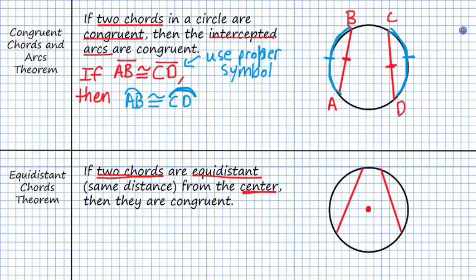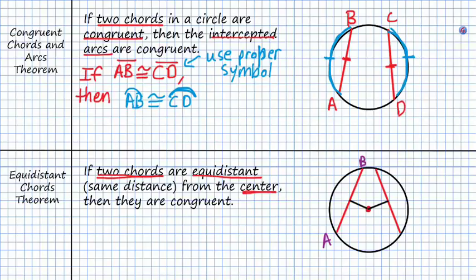And what we're saying is that as long as these chords are the same distance away from the center, then they'll be the same length. It looks like I may need to redraw this second chord a little bit. That looks a little bit better. All right, and as long as this distance is the same here, then these two chords will be the same.